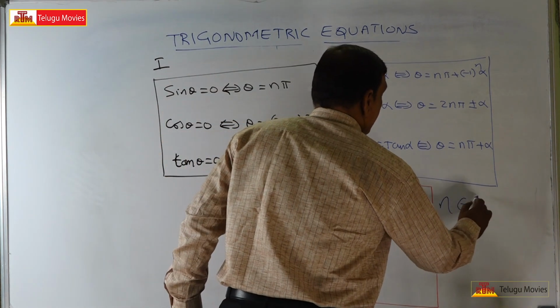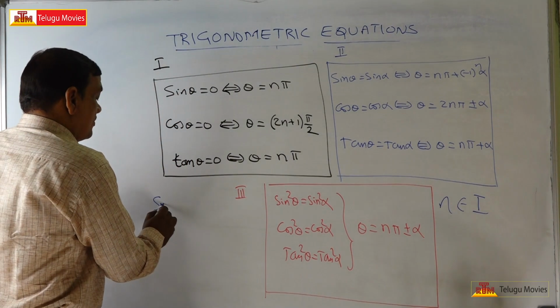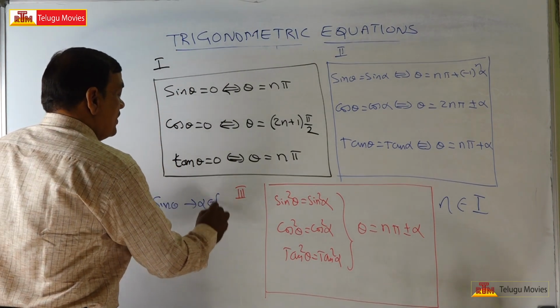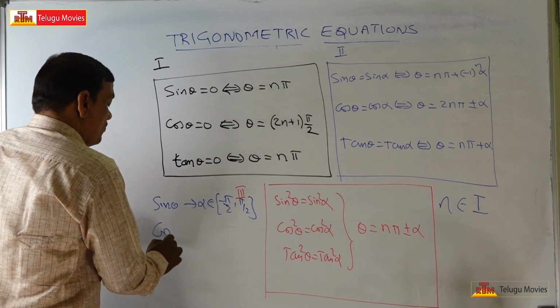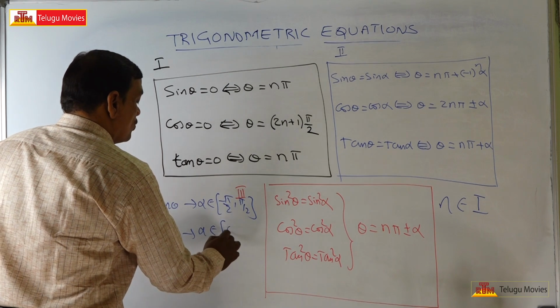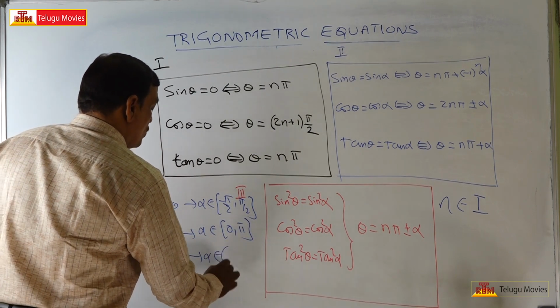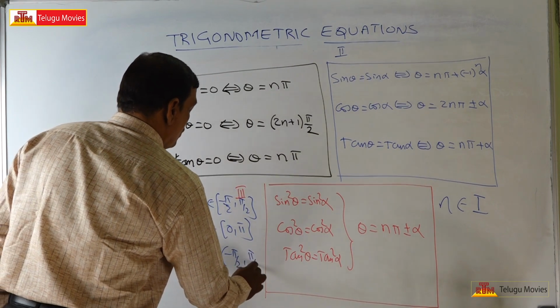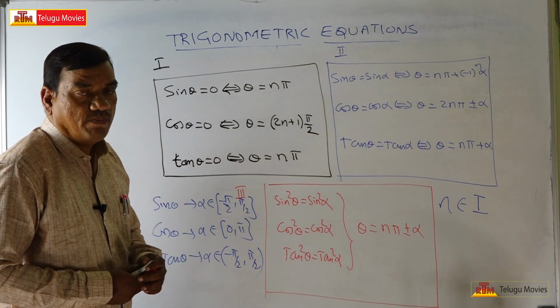For sin theta, alpha belongs to the closed interval minus pi by 2 to plus pi by 2. For cos theta, alpha belongs to the closed interval 0 to pi. For tan theta, alpha belongs to the open interval minus pi by 2 to plus pi by 2. Understand?